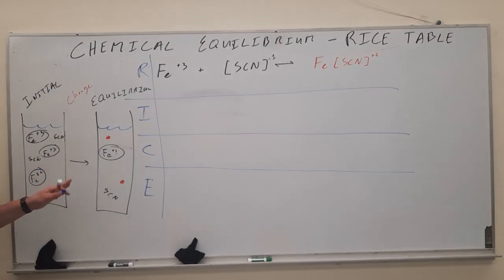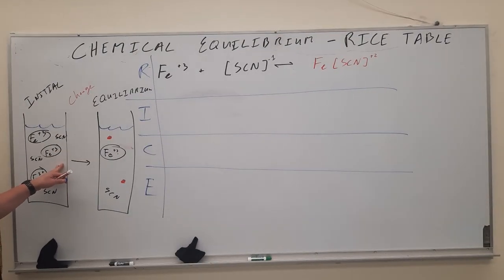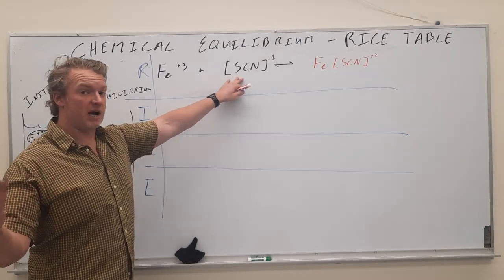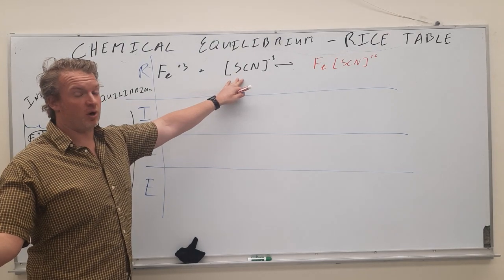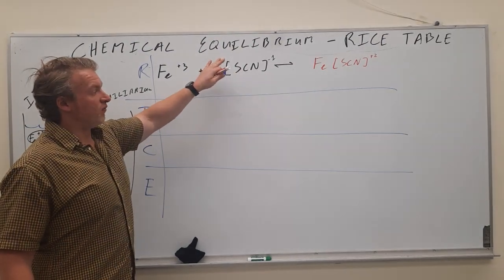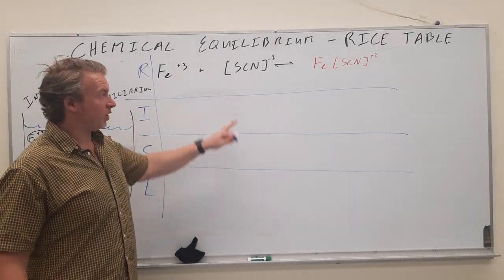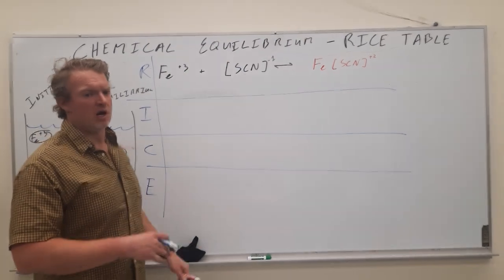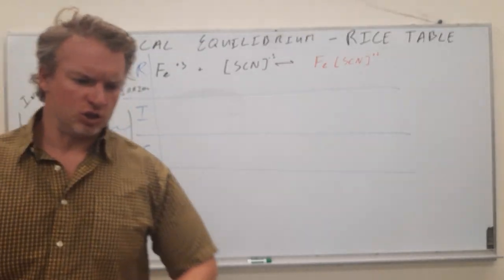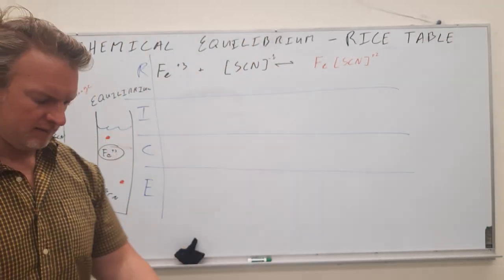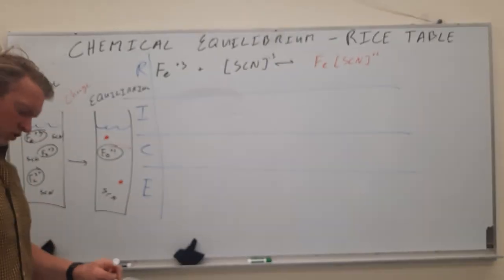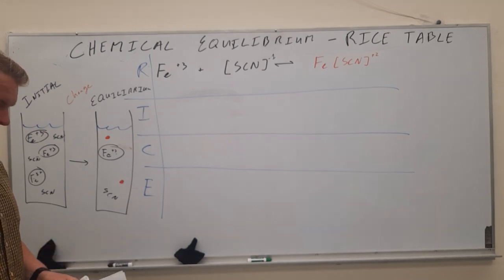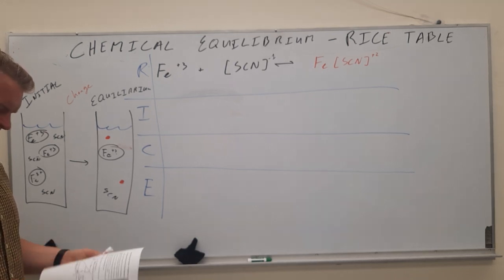In your lab, the initial molarities of your reactants are something you know because you designed these 4 solutions in Part B. For each of those solutions in Part B, you have to do a Rice table. For the first solution, you calculated the concentrations using the dilutions and so on.